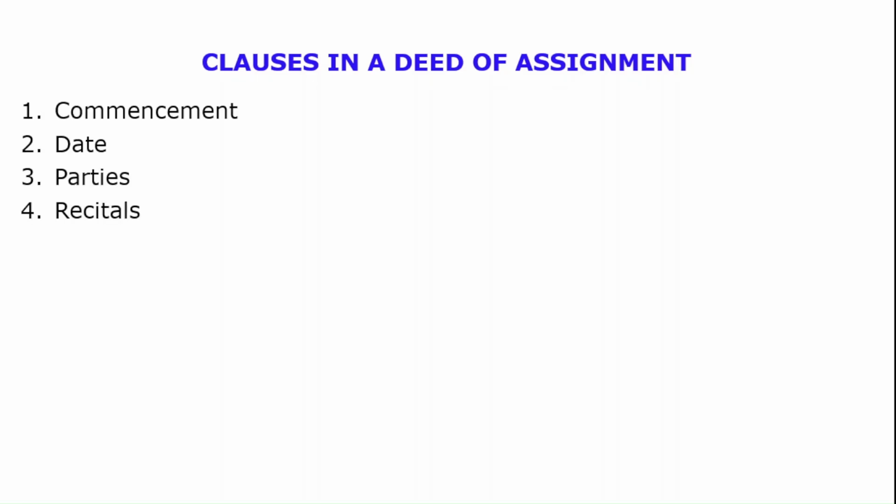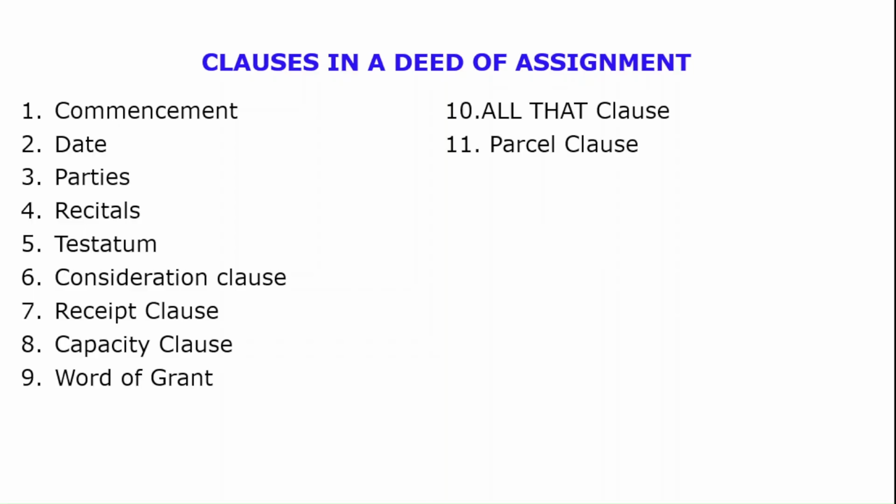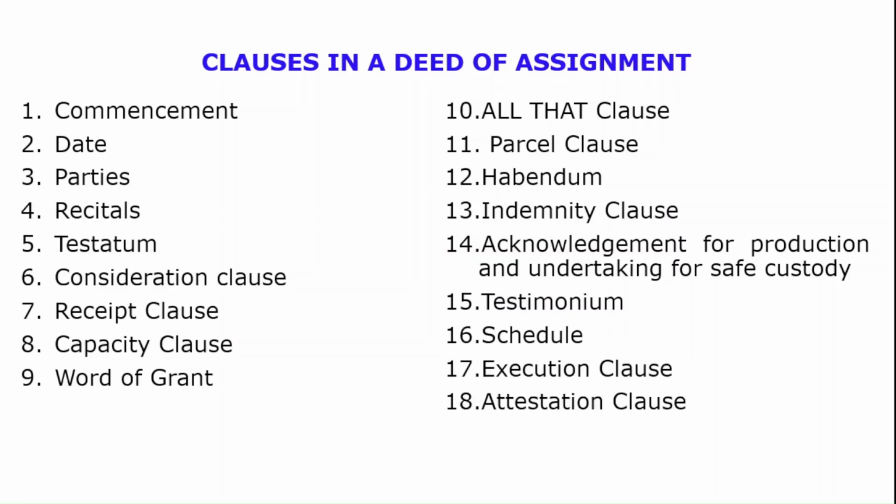Commencement, date, parties, recitals, testatum, consideration clause, receipt clause, capacity clause, word of grant, all that clause, parcel clause, addendum, indemnity clause, acknowledgement for production and undertaking for safe custody, testimonium, schedule, execution clause, attestation clause, and franking. So here you see you have 19 in total.